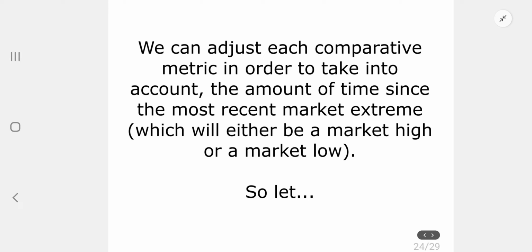We can adjust each comparative metric in order to take into account the amount of time since the most recent market extreme, which will either be a market high or a market low.